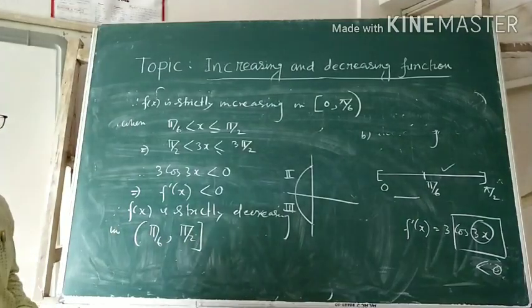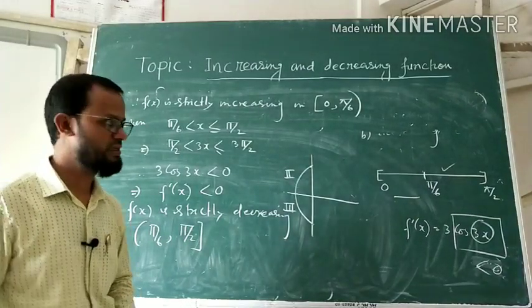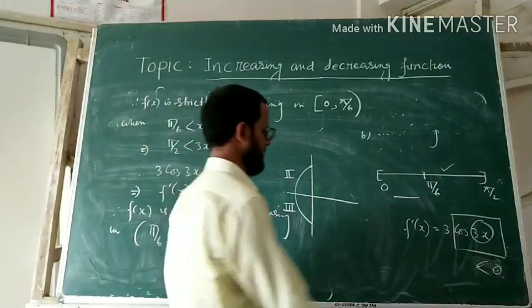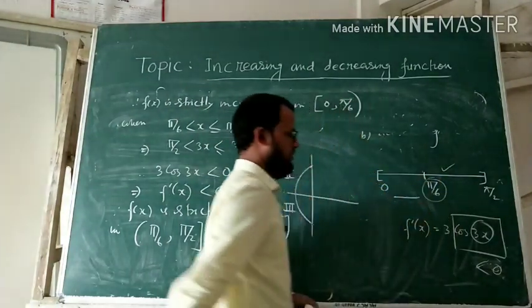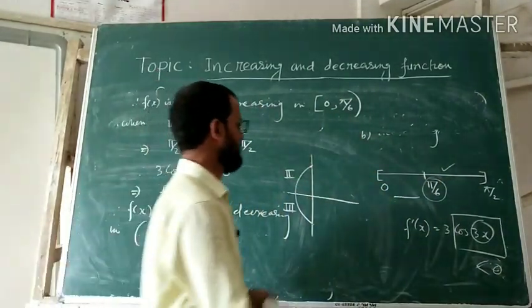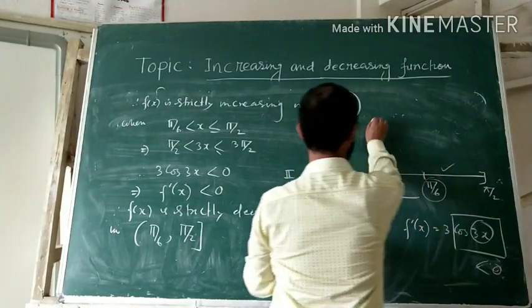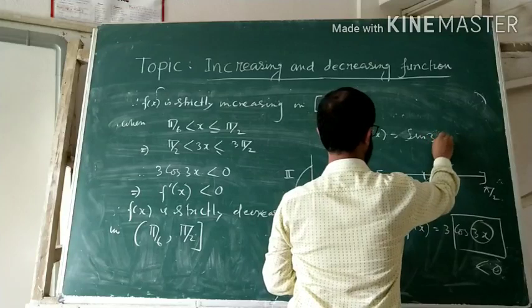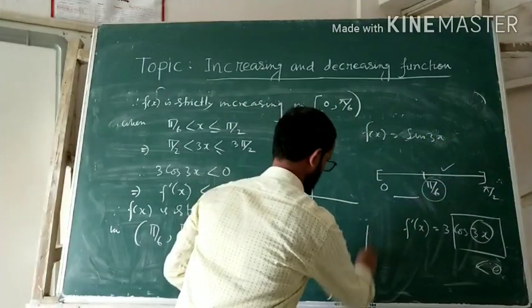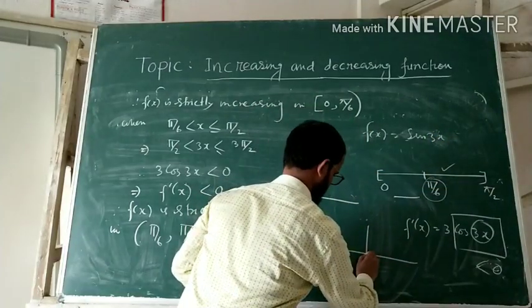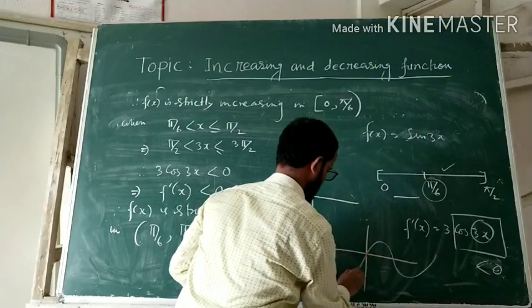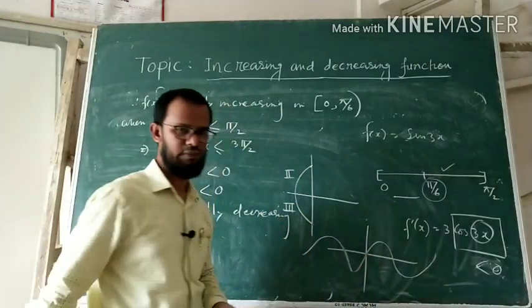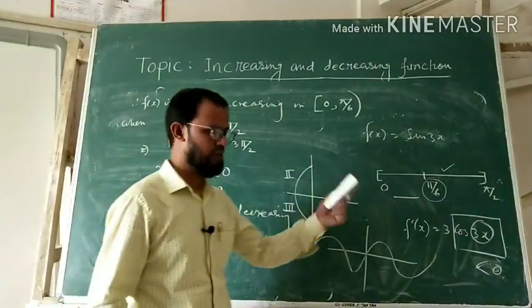But here a very interesting fact is that this pi by 6 is a point where the function f x equal to sin 3x, okay, sin 3x का ग्राफ ऐसा होगा, it will be like sin x, same type of graph, and it is a continuous function.